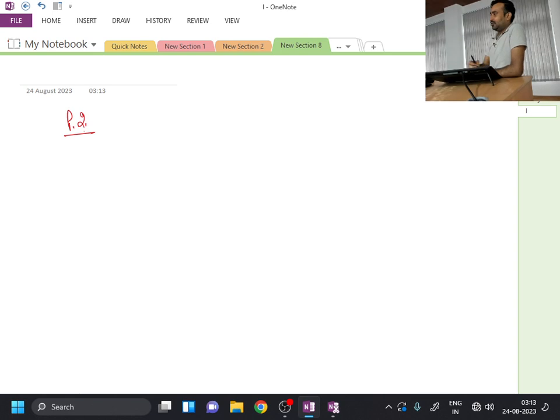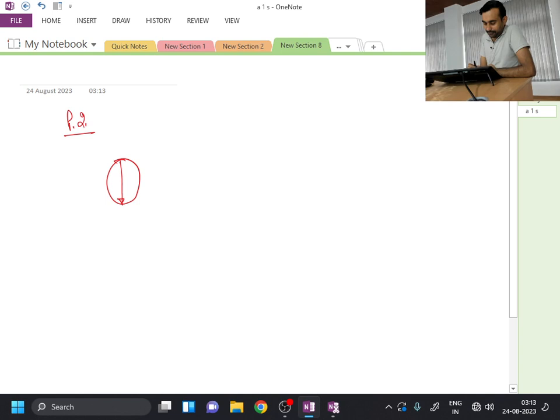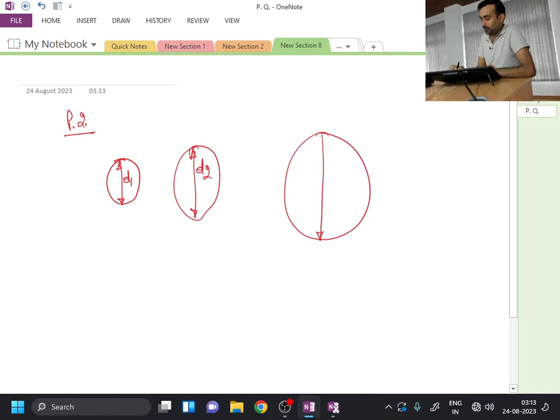Okay, let me repeat it over here. I have a bubble of diameter d1, another air bubble of diameter d2, and they are forming a third, bigger bubble of diameter d3 once they coalesce. Everywhere the outside pressure is P0.